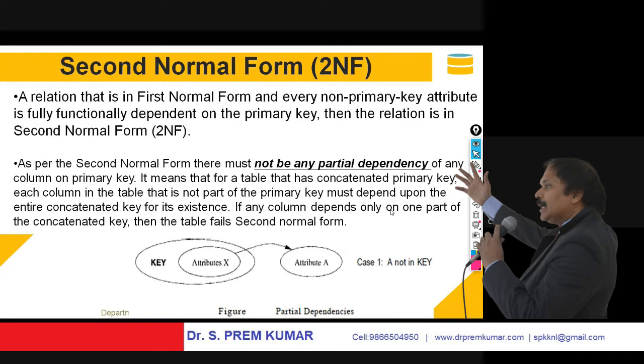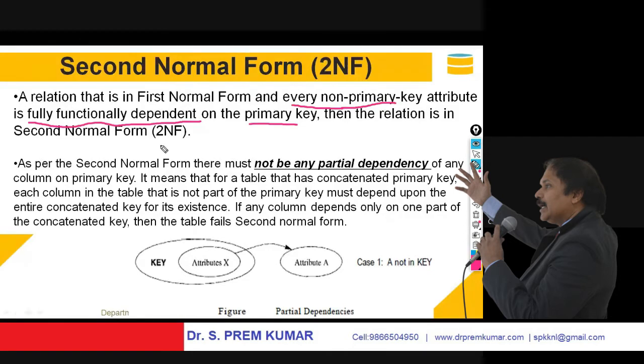Listen to the definition carefully. A relation is in the second normal form if, first, it is in the first normal form, and second, every non-key attribute is fully functionally dependent on the primary key.